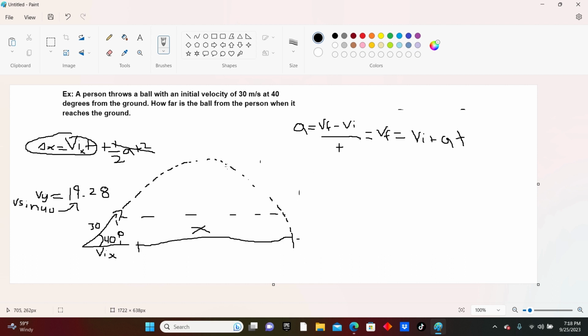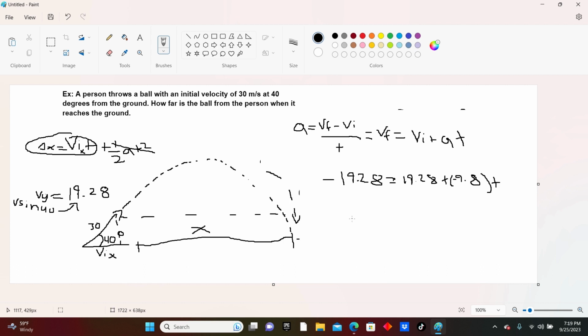Except that, since it's traveling in a downwards path as it lands on the ground, the final velocity will be negative. So negative 19.28 equals 19.28 plus negative 9.8 t.